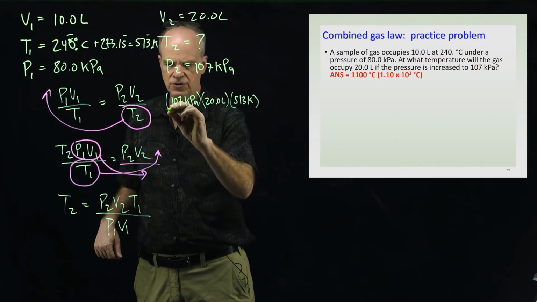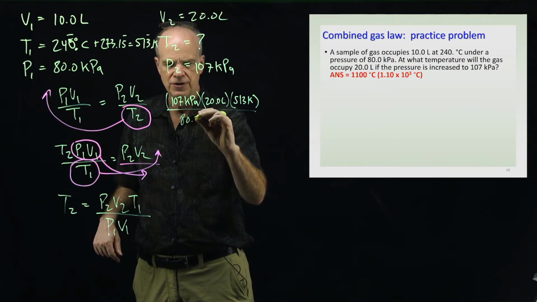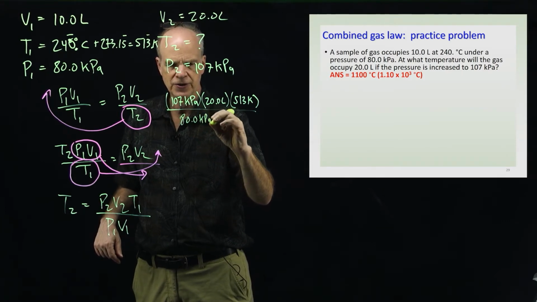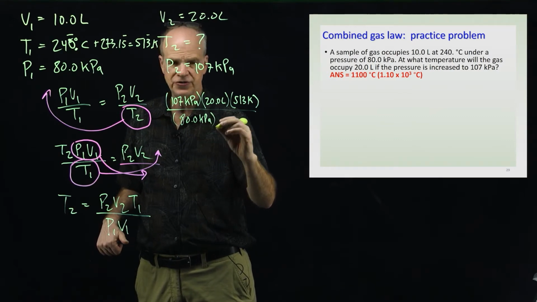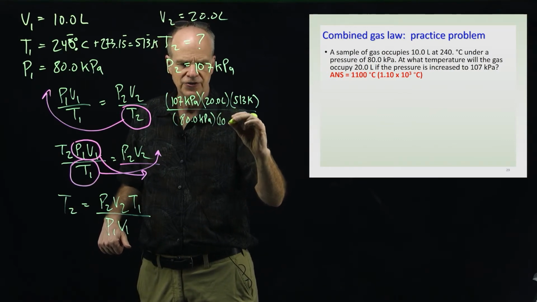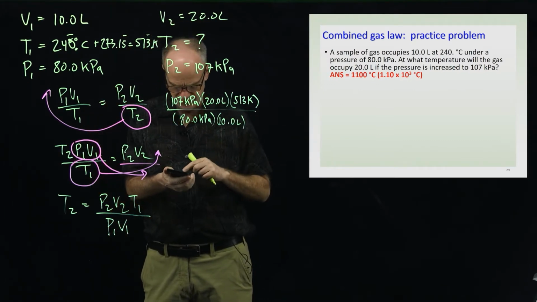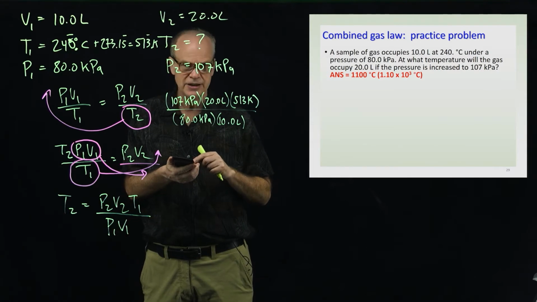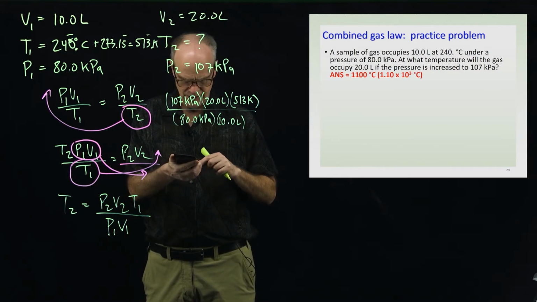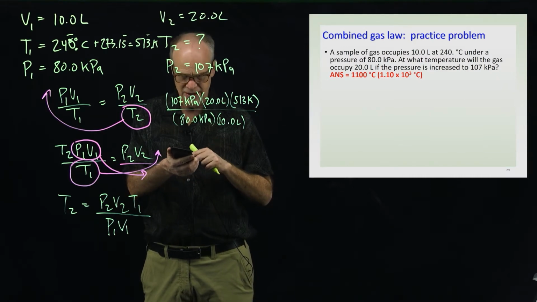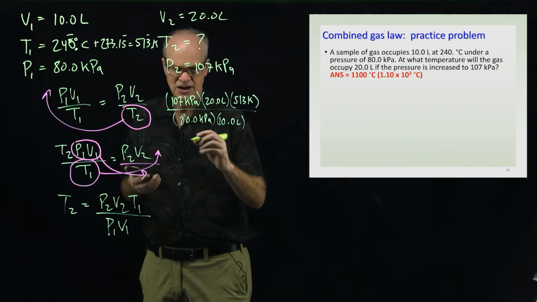And then over P1, which is 80.0 kilopascals. And then we have V1, which is 10.0 liters. So let me see what number I get here. And so I get 107 times 20 times 513 divided by 80 divided by 10.